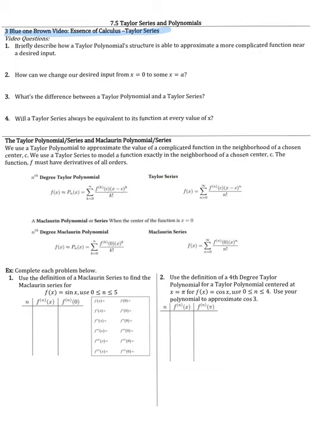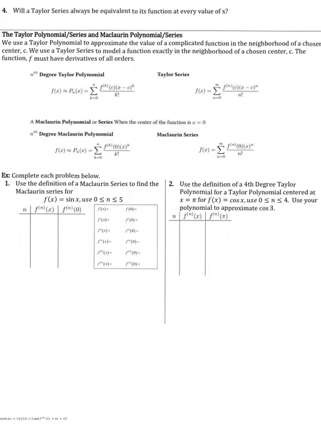So we're going to focus now on the structure of how we actually model a function using a Taylor polynomial or a Taylor series. Again, the big idea here: what are we actually doing in this section?